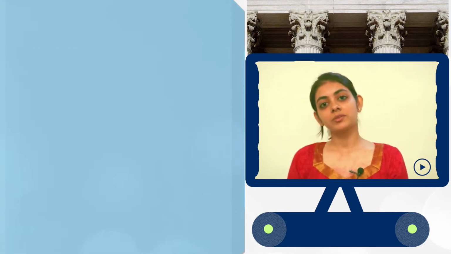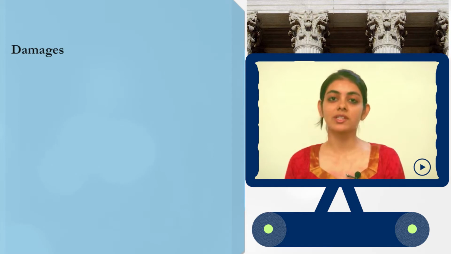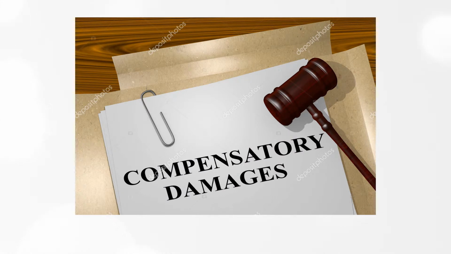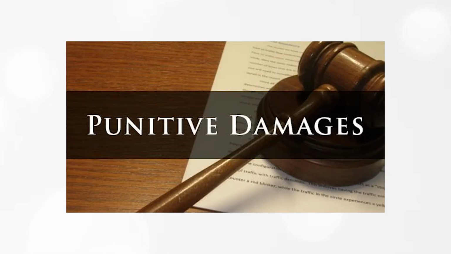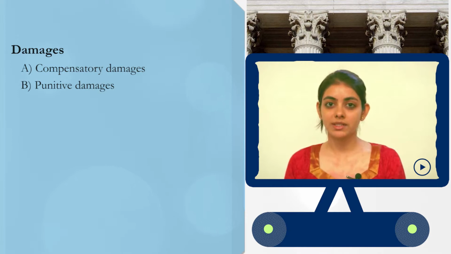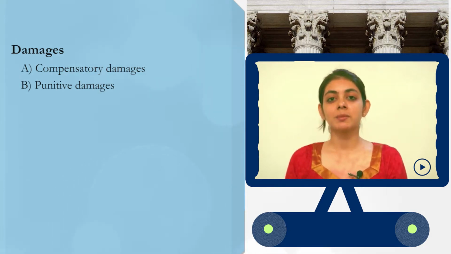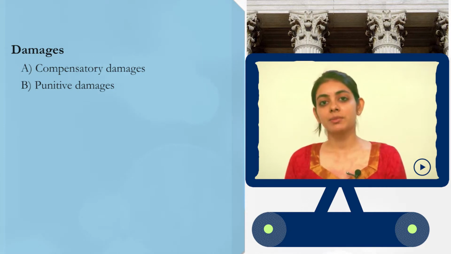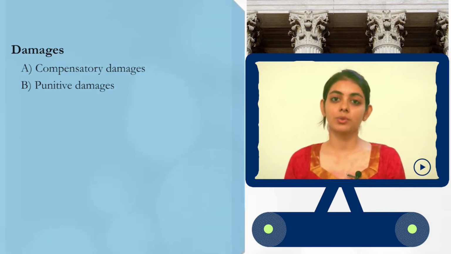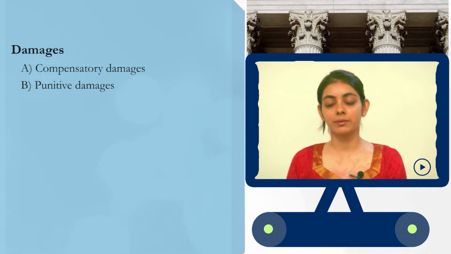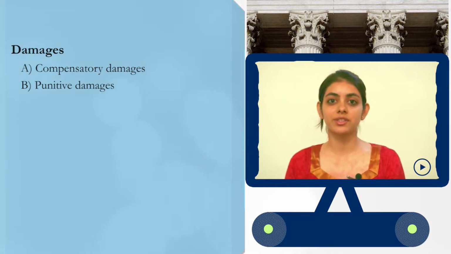The second kind of relief that right holders seek is damages. Now, damages essentially fall in two broad categories: compensatory damages and punitive damages. We will first talk about compensatory damages. Compensatory damages basically try to put the plaintiff in the position that it was in had the defendant not engaged in the infringing activities.